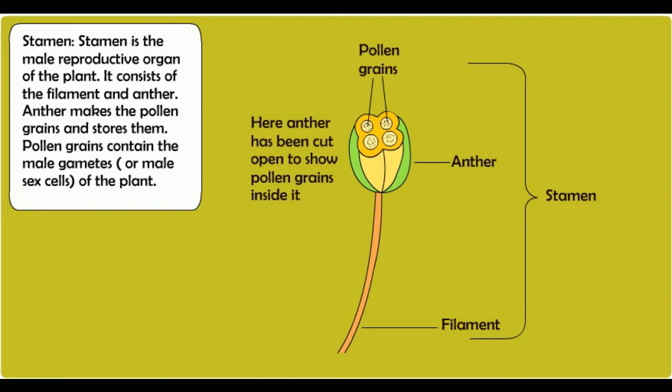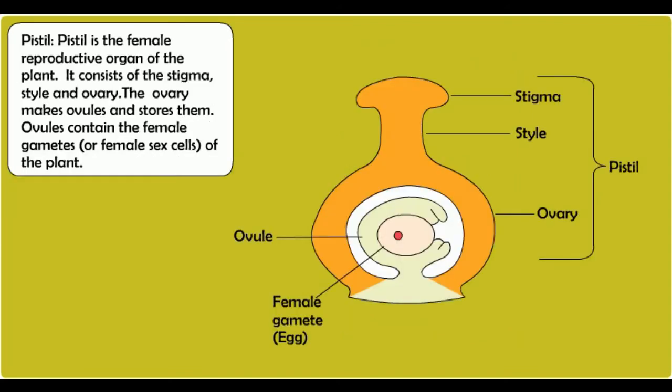4. Stamen. Stamen is the male reproductive organ of the plant. It consists of filament and anther. Anther makes the pollen grains and stores them. Pollen grains contain the male gametes or male sex cells of the plant. 5. Pistil. Pistil is the female reproductive organ of the plant.